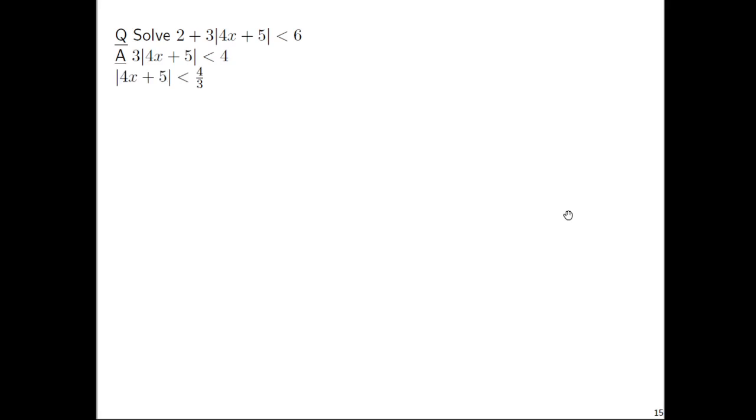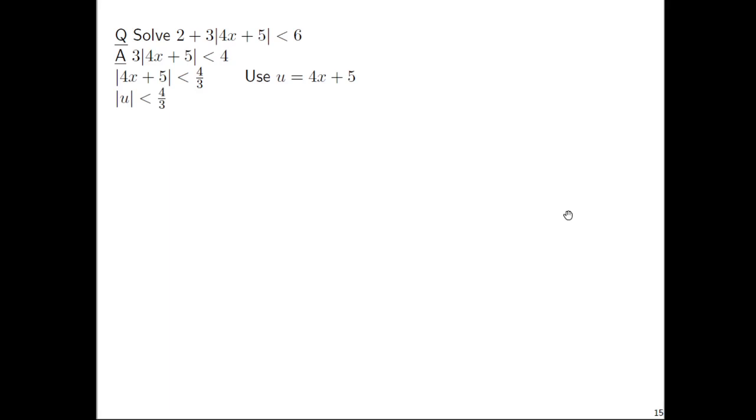Aha, now we have absolute value of stuff less than a number, namely the number 4/3. So this is the point at which I think it would be helpful to create a variable for the stuff that's inside the absolute value. So we'll create u as a variable to be 4x plus 5 so that the problem we have on the previous line turns into absolute value of u is less than 4/3.